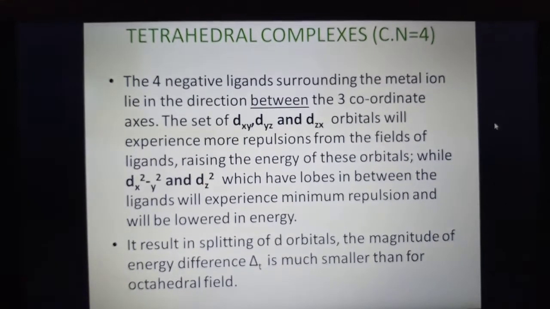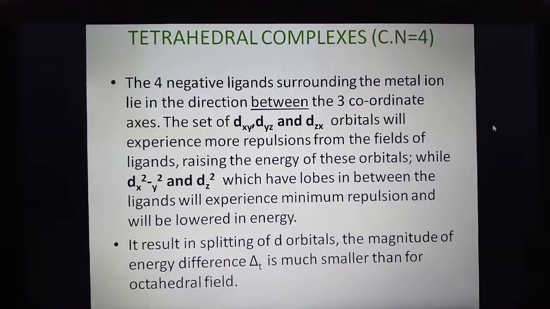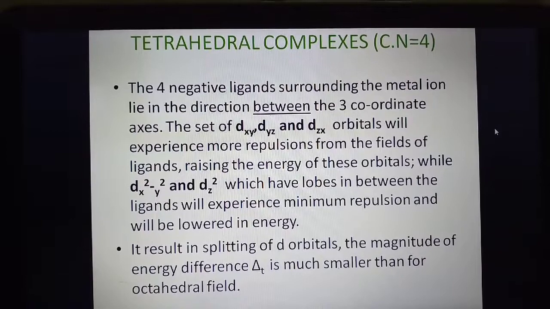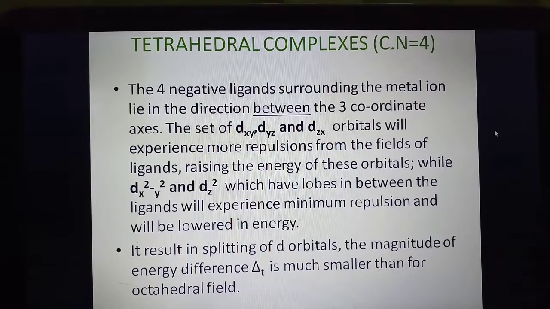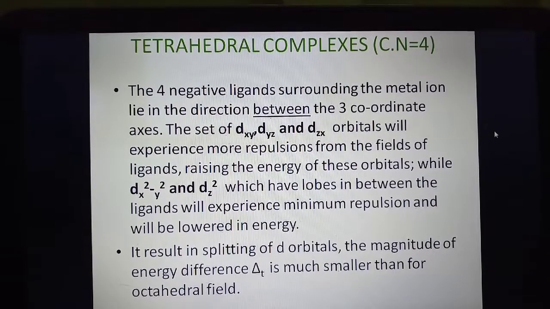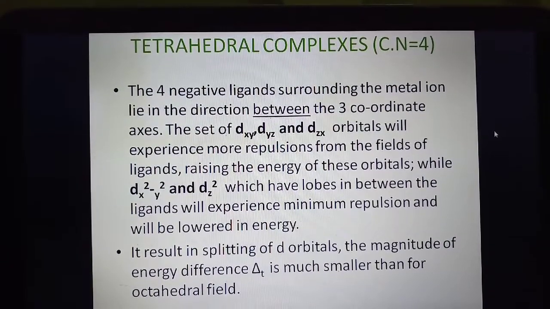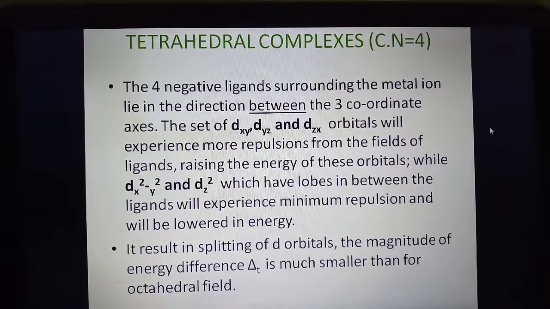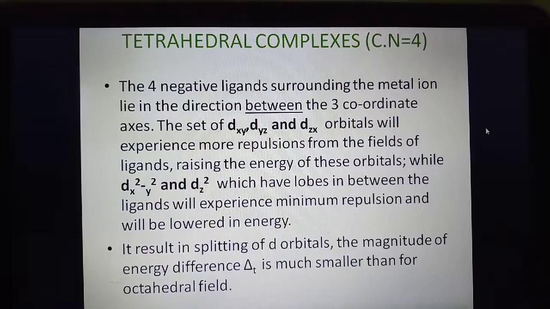The set of dxy, dyz, dzx orbitals will experience more repulsion from the fields of the ligand, raising the energy of these orbitals, while dx²-y² and dz², which have lobes in between the ligands, will experience minimum repulsion and will be lowered in energy. It results in the splitting of the d orbital. The magnitude of the energy difference of the splitting of the tetrahedral is much smaller than that of the octahedral field.